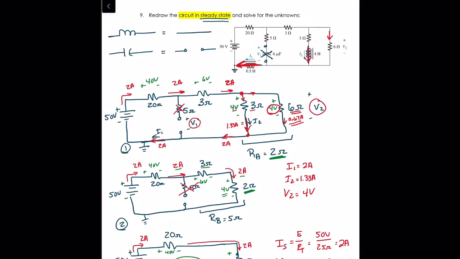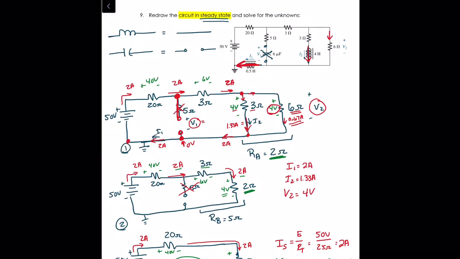And we're looking for V1 right here, which is the open circuit voltage on the other side of that 5 ohm resistor. Since there's no current there, we're really just measuring the voltage drop here minus the voltage drop here. Well, this is 0 volts, right? So V1 is just going to be whatever the voltage drop is here.